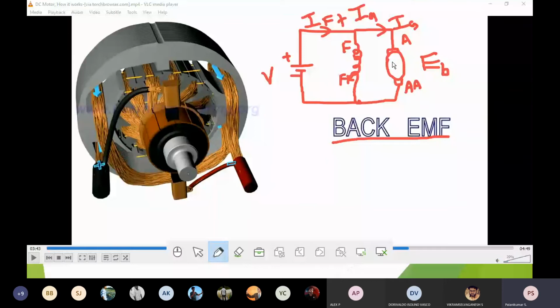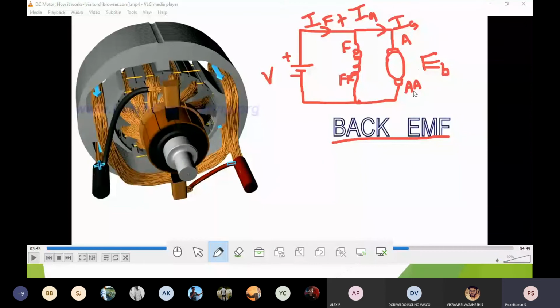So if you supply 230 volts, it will draw a very large current. For that we use a starter, which facilitates step-by-step increasing of the current, and whenever the current increases step by step, the motor starts rotating.